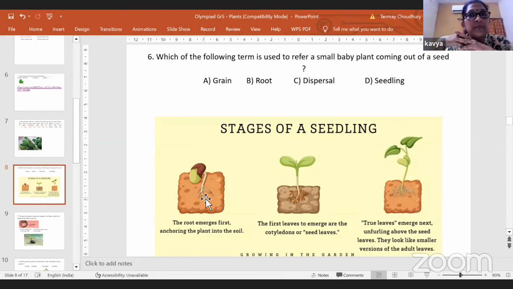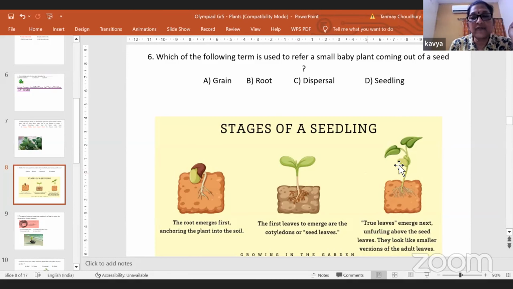For example, when you make a house, you make the foundation first. You don't start making the upper room first, isn't it? So it is not the stem that comes out. It is the root and it lays the foundation of the entire plant. It grows down and starts absorbing water and minerals from the soil. Then the leaf emerges, the shoot comes out.